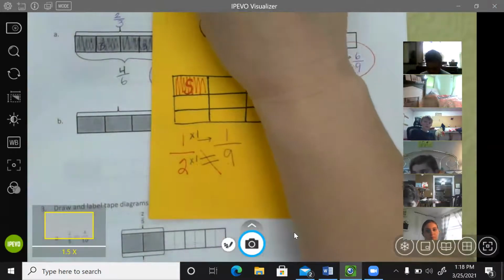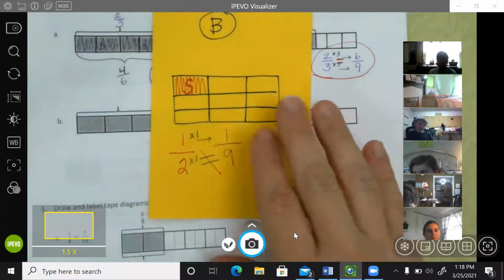All right, I'm going to unshare for a minute. Okay, so far, do you have any questions? Carson, what does it mean if we're making equivalent fractions? You're dividing, but not really using a division symbol? No, we're not dividing per se.